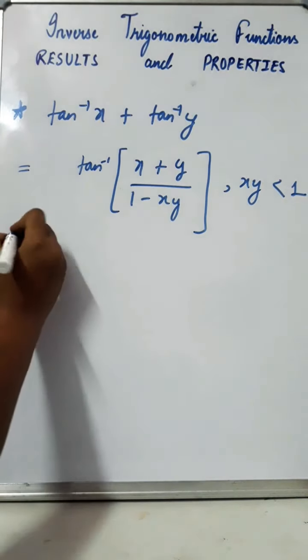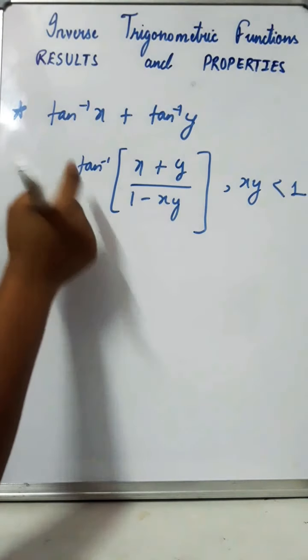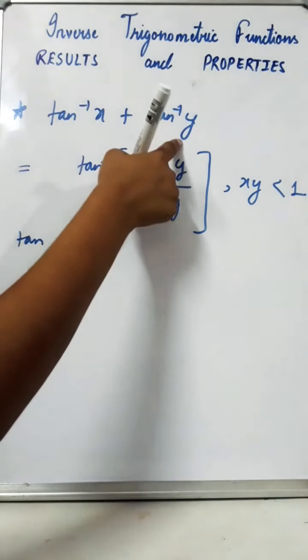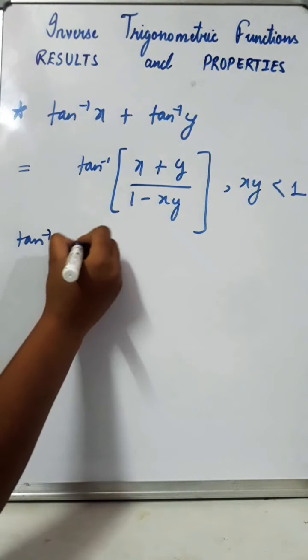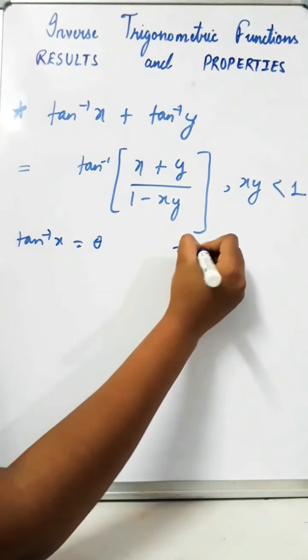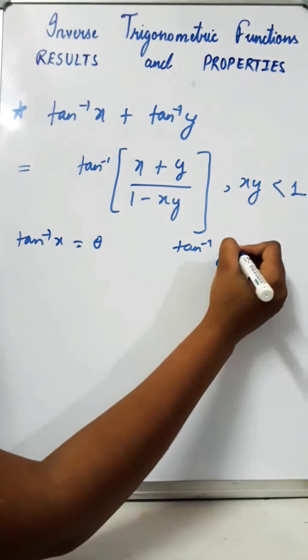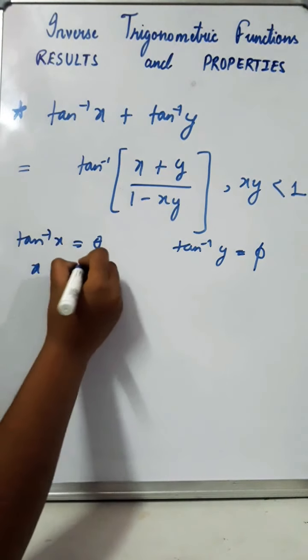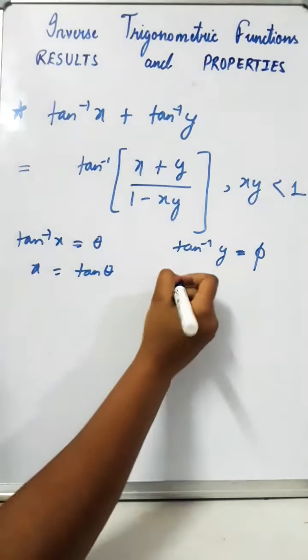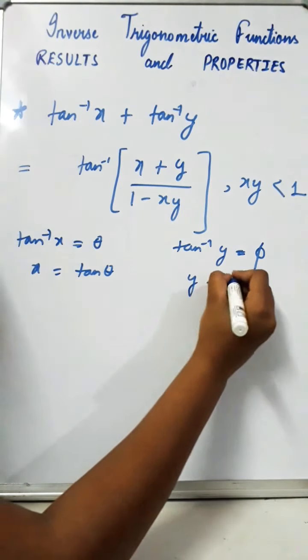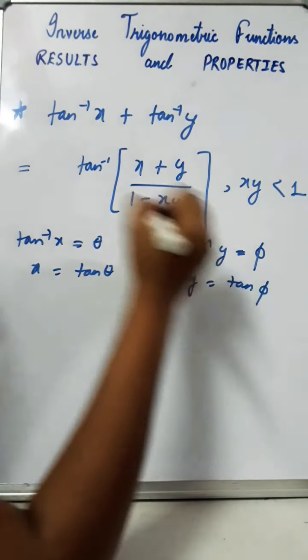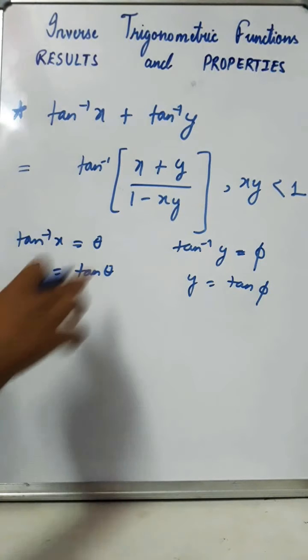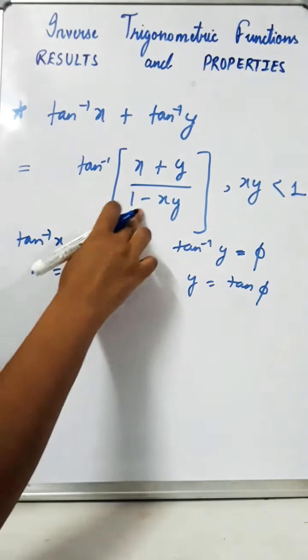What you have to do, simply take, you have tan inverse x and tan inverse y. Take tan inverse x as θ and tan inverse y as φ. Alright, so x can be written as tan θ and y can be written as tan φ. Right? Now you want (x plus y) upon (1 minus xy).